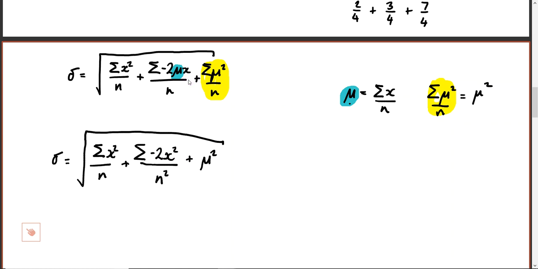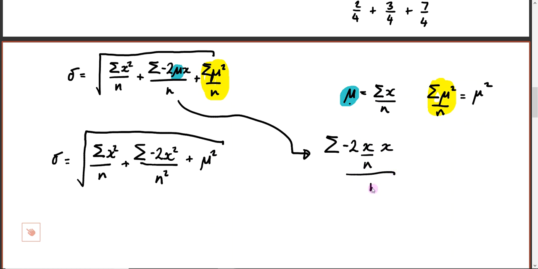So what I did, if I kind of expand this bit, I've got sum of, and the -2 there, so this mu is going to be replaced by this. So x over n, I don't need another sigma. It's replacing that, and the other thing in blue. This is times x, and then it's all still over n, all right?